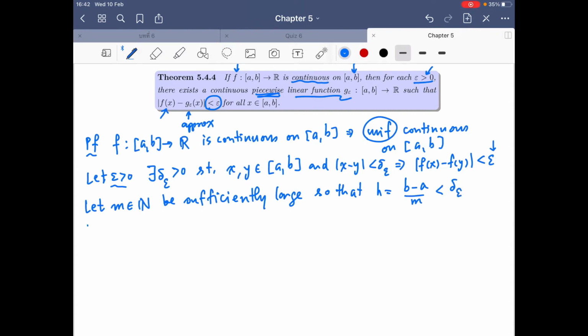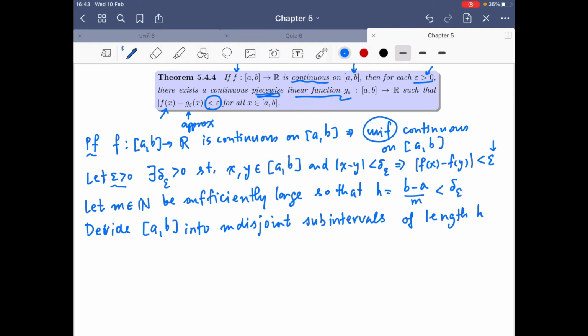And we do the same thing: we divide the interval AB into m disjoint intervals of this length.